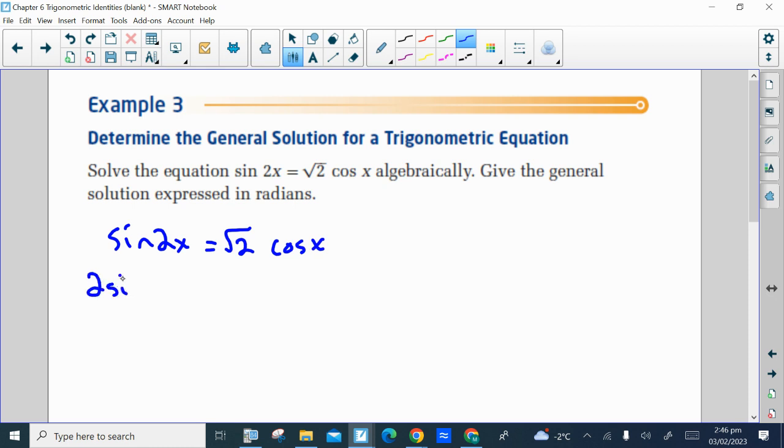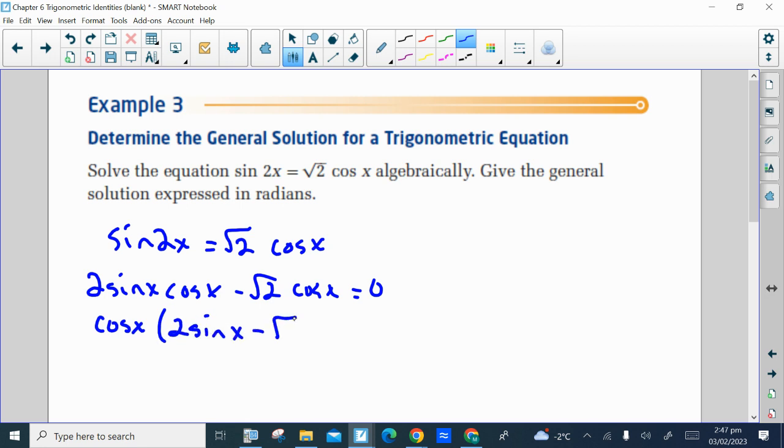Sine 2x is 2 sine x cos x. And I'll bring over the root 2 cos x to the left side by subtracting it and making that equal to 0. And there is a common factor of cosine x here that we can take out.